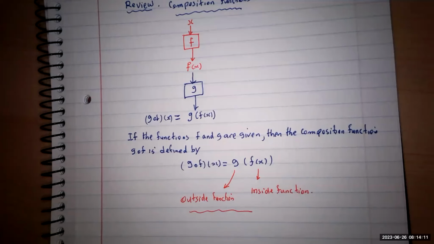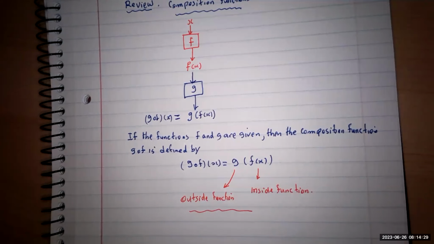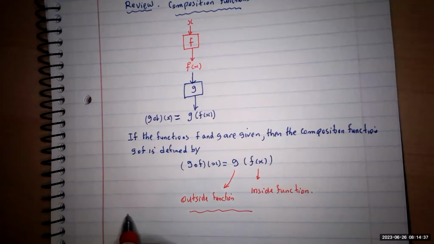So let's get one example, the way we like it in calculus. In algebra, those two functions were given to you, and you combine them together. So what we would like to do is do it the other way around. The result would be given to you, and we want to think about it as a composition of two functions. So you have to identify that g and f for us. This is the way we are going to use it in calculus or in this section.